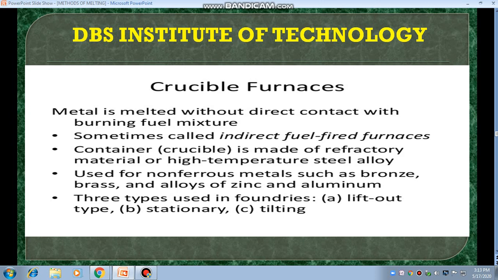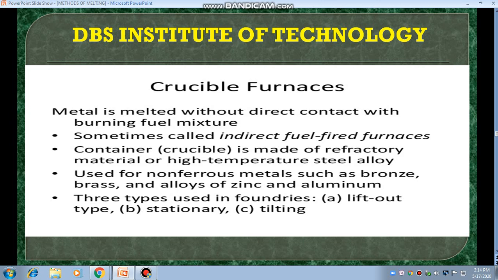Crucible furnaces. The metal is melted without direct contact with burning fuel mixtures. So there won't be any direct contact with the burning fuel mixtures in crucible furnaces. Sometimes these furnaces are called indirect fuel fired furnaces. The container, which we call the crucible, is made of refractory material or high temperature steel alloys.